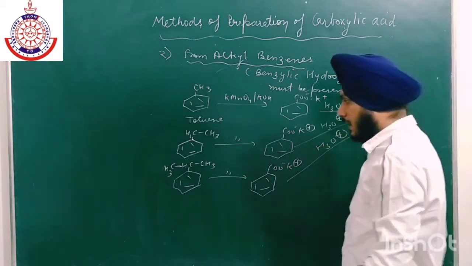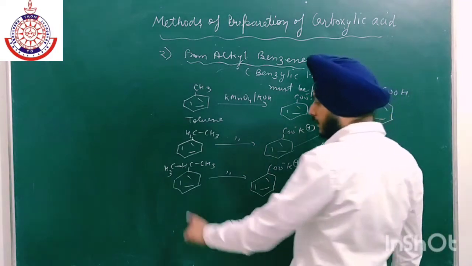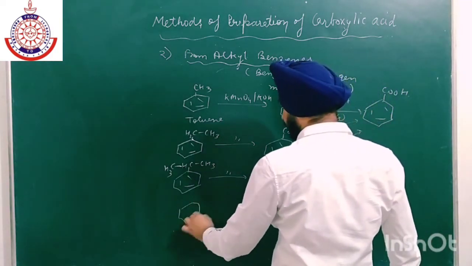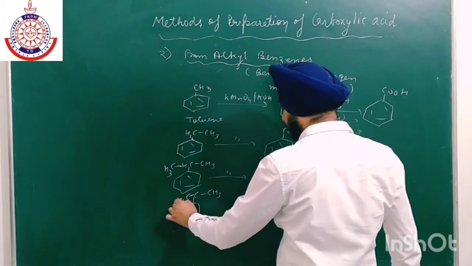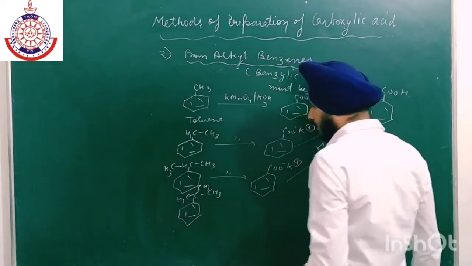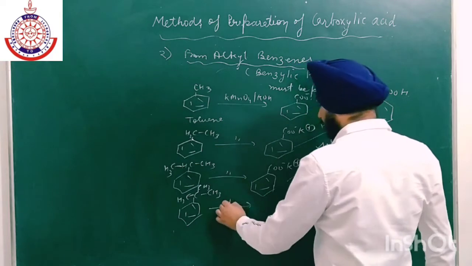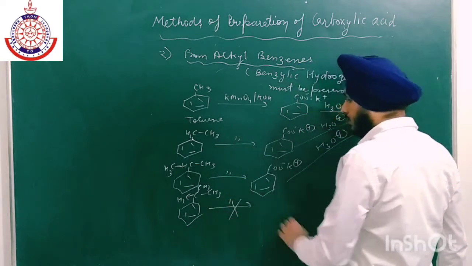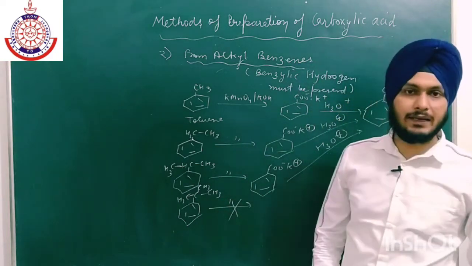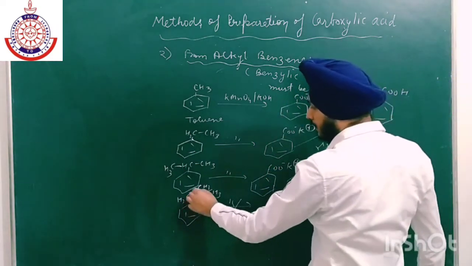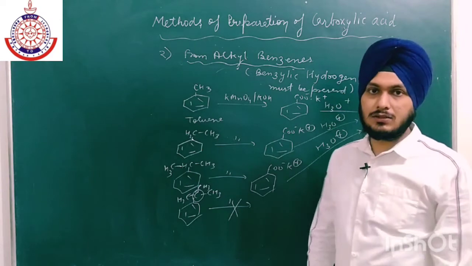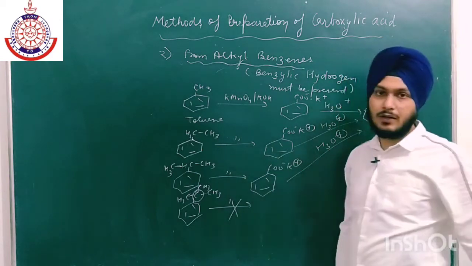But now if I am replacing the last hydrogen, we will get tertiary butyl benzene. Then on reaction with KMnO4, no product will form, because the main condition is that benzylic hydrogen must be present. There is no benzylic hydrogen present over here, so this reaction will not take place.